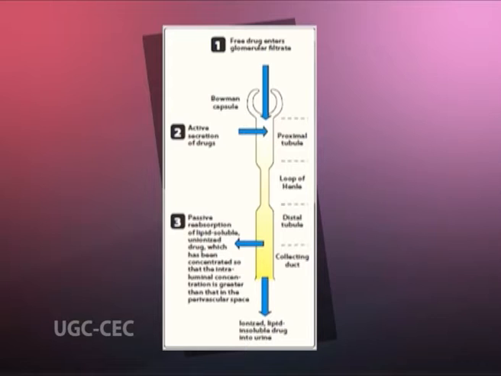The glomerular filtration rate, or GFR, is normally about 125 ml per minute but may diminish significantly in renal disease. Lipid solubility and pH do not influence the passage of drugs into the glomerular filtrate. However, variations in GFR and protein binding of drugs do affect this process.